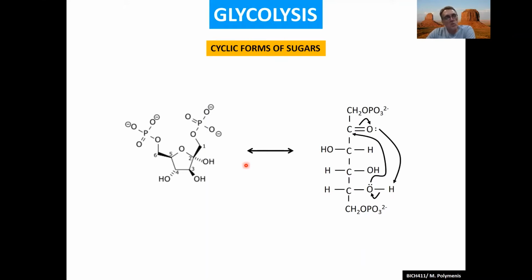Under normal physiological conditions, it favors the formation of the closed form, and the way you go from open to closed is shown here. This hydroxycarbon, the oxygen on this hydroxycarbon will attack the carbonyl carbon of the sugar. The same thing happens when you have glucose, for example, and the carbonyl is at the very end. And that's how it's going to close. Simple as that.